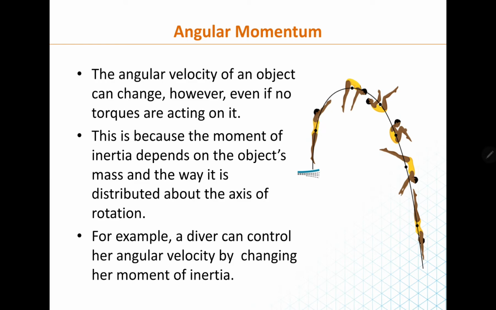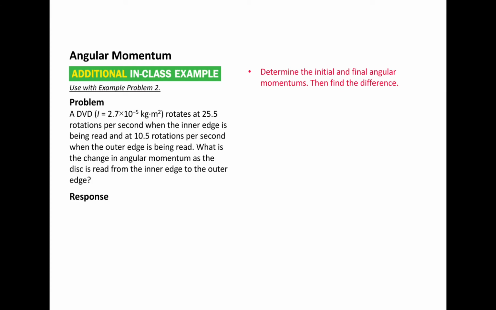You can see her shape just like this, and after that like this or like this. So the velocity changes depending on the moment of inertia. Here we have an example.